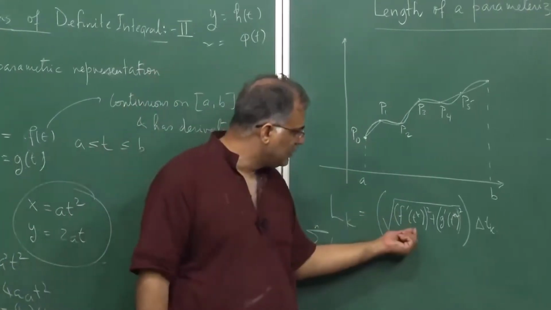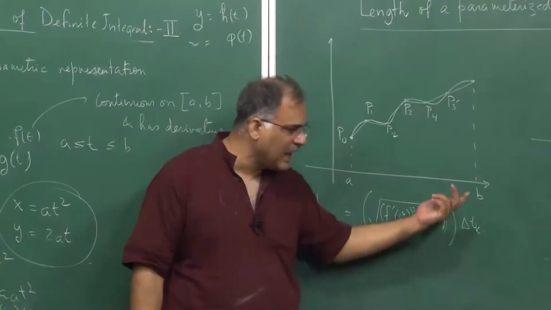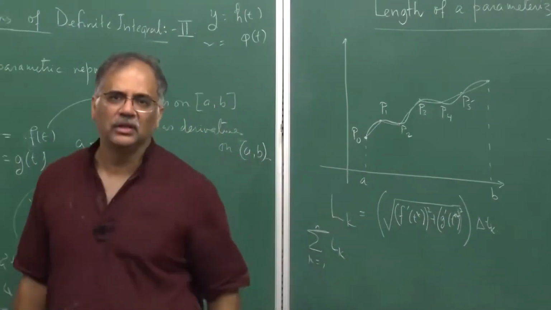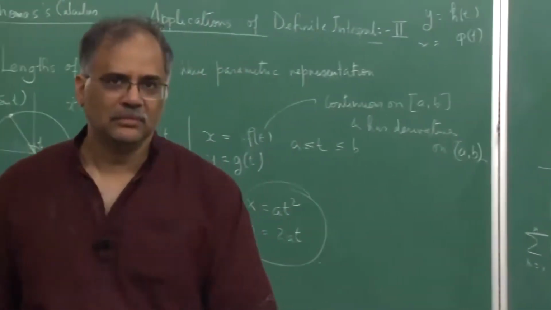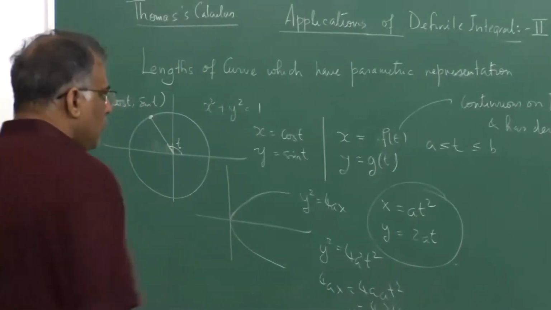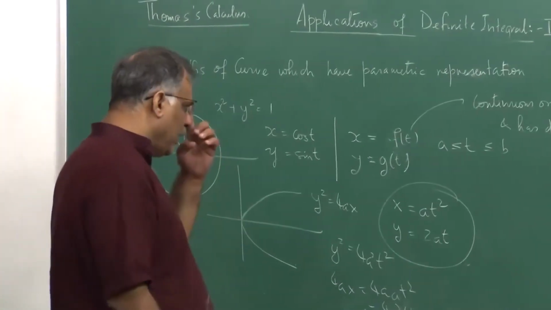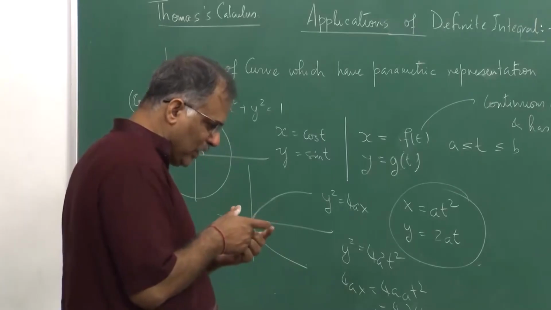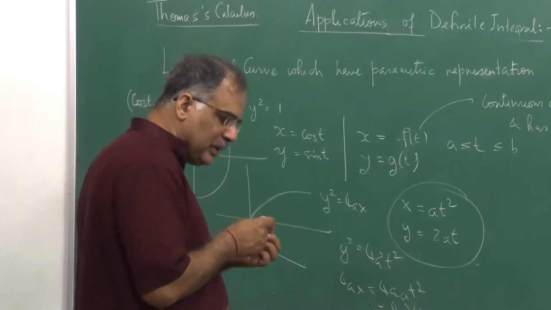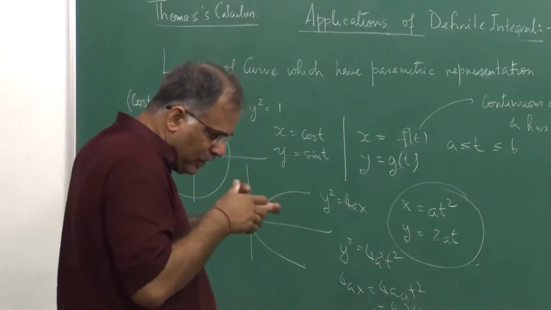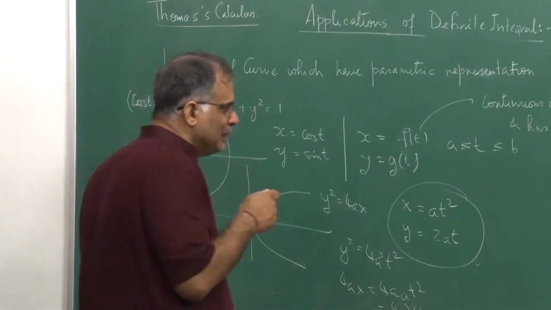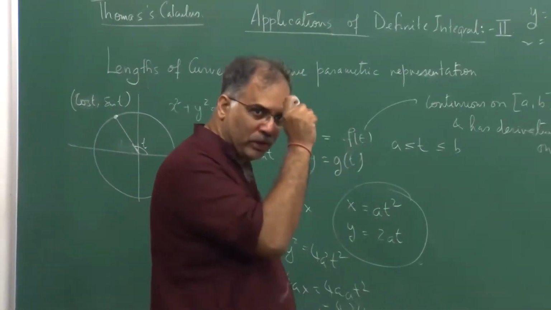These t star or t double star are nothing but tags on the interval delta t_k. As n goes towards infinity, the difference between the tags in every interval will come down, so basically they will come to a single tag point.